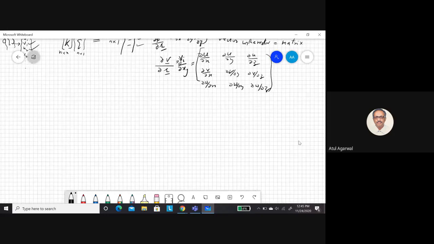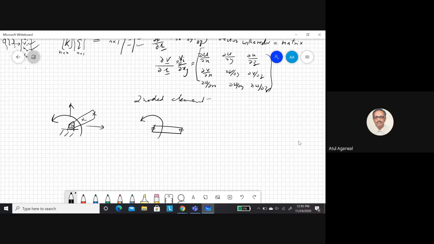Now we can do a simple example. What is a simple example we are doing? Suppose we have a rod. This is a rod. So it is rotating. We want to find displacements of these nodes. So we have a rod like this. Suppose we take two noded elements. So this is spinning like this.